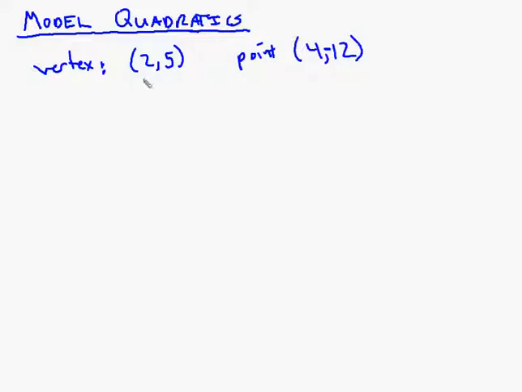I have two pieces of information, but having this vertex is really powerful because then I can go to my vertex form and use y equals a times (x minus h) squared. Don't forget that squared, because if you forget it, then it's wrong. Plus k. And I have my vertex.